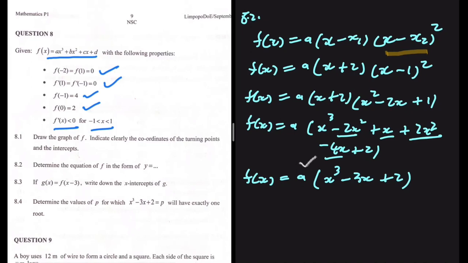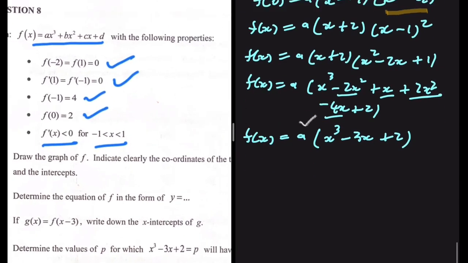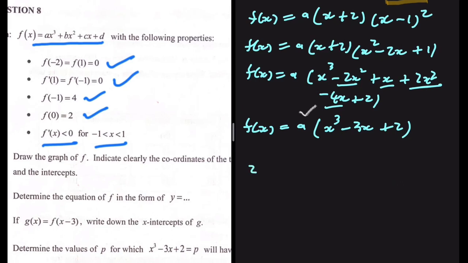How can we possibly do that? We can substitute a coordinate into this equation. We know that f of 0 is 2 from our properties. So we can say that 2 equals a multiplied by 0 to the power 3 minus 3 multiplied by 0 plus 2. So 2 equals a multiplied by 2.